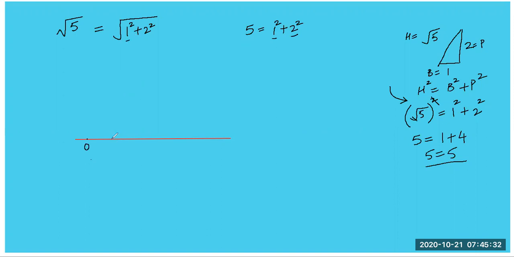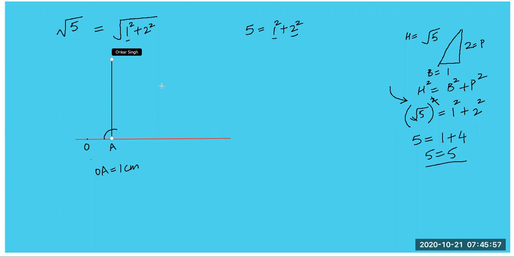So I will take 1 centimeter as base, and I will mark this point as, let's say, A. So OA is equal to 1 centimeter. At point A, I will draw 90 degrees. I know how to draw 90 degrees. This is the 90 degrees I have drawn.